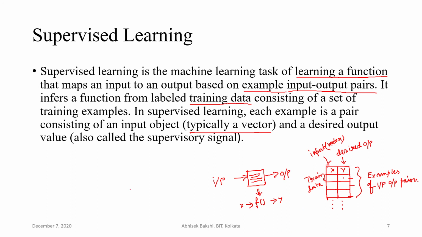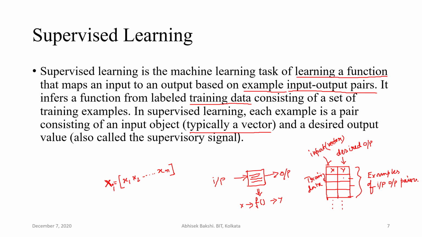Now, what does it mean? It means that x may be considered as x1, x2, up to xn. So this is xi, suppose. xi means the ith example consists of this one.